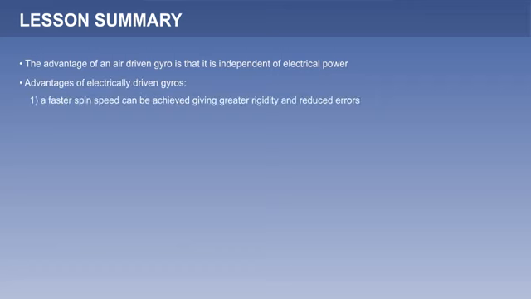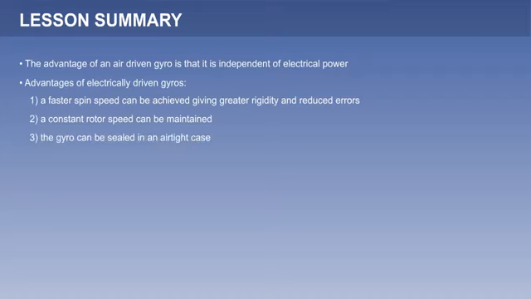The advantages of electrically driven gyros are that a faster spin speed can be achieved, giving greater rigidity and reduced errors. A constant rotor speed can be maintained. The gyro can be sealed in an airtight case, and operating RPM can be quickly achieved.